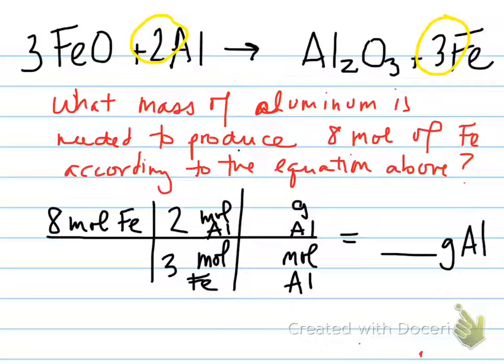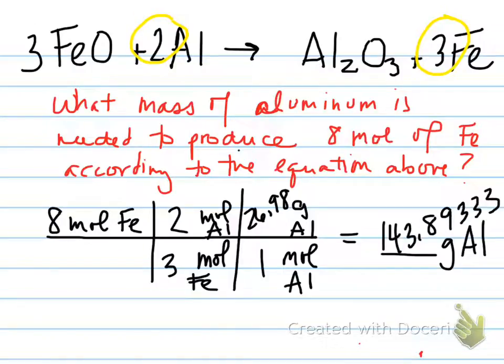The periodic table! Okay, what numbers go where in that last box? Pardon? 1 goes with moles, and aluminum, 26.98. 26.98 grams of aluminum in 1 mole of aluminum. So now you just need to plug it in.